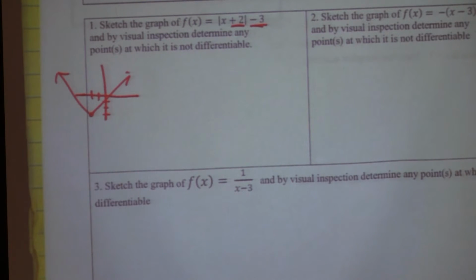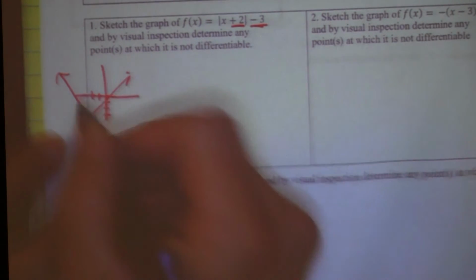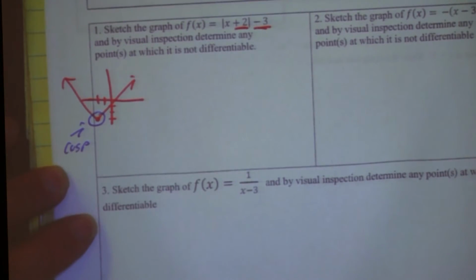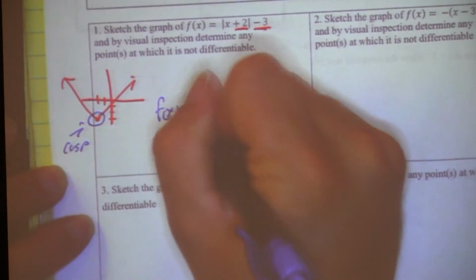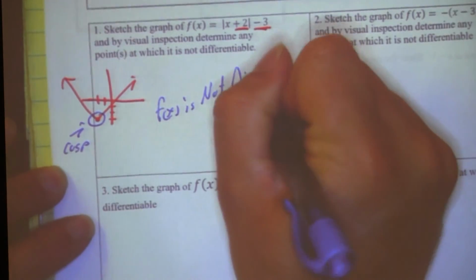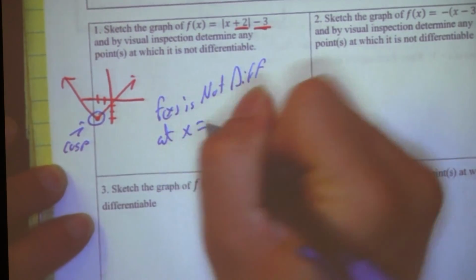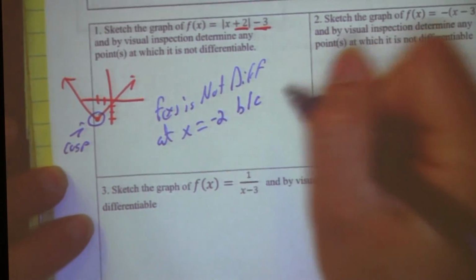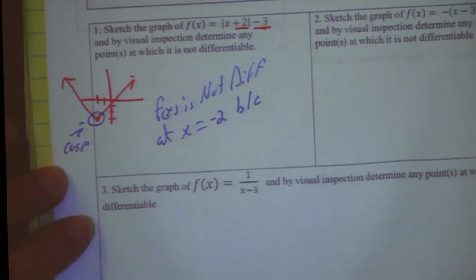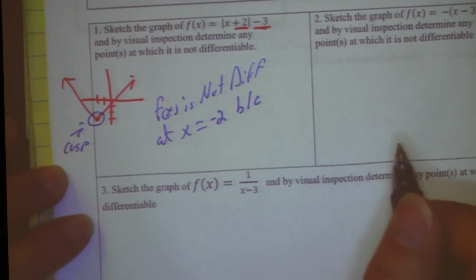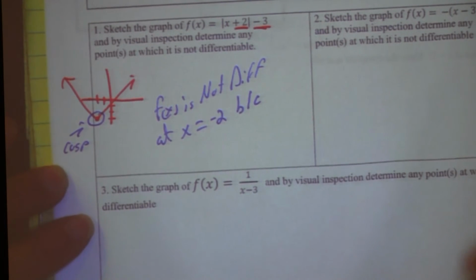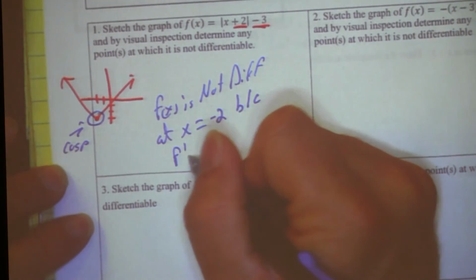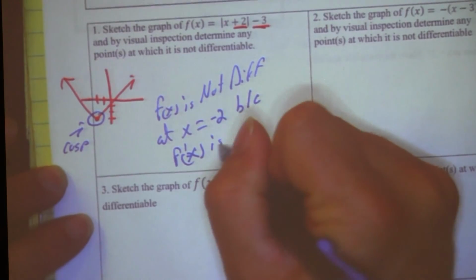So where would it not be differentiable? At the cusp, right? So we know that that's a cusp. So tell me where it's not differentiable. f of x is not differentiable at x equals what? -2, because there's a cusp is not a good enough justification. Because the vertical tangent line, f prime of x is undefined.